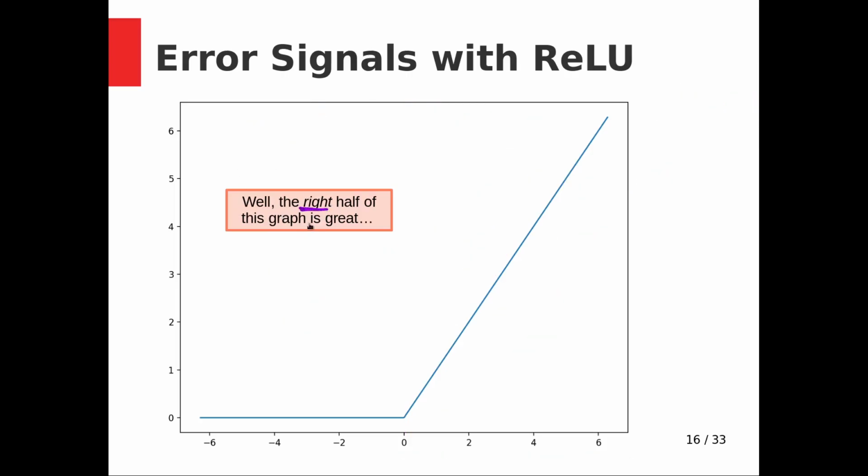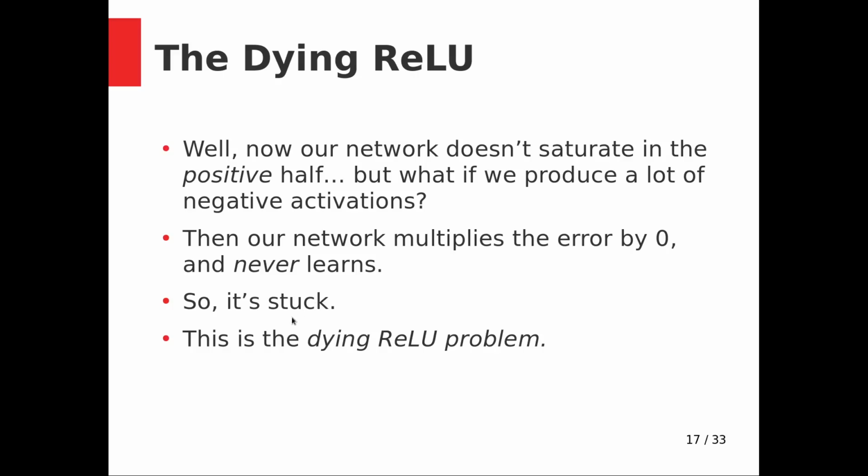So the right half is great. But what about the left half, the less than 0 half? Over here we have a problem, because for all of negative infinity, from 0 to negative infinity, our error signal is 0. So now our network doesn't saturate in the positive half, but what if we get a lot of negative activations? Well, that's kind of bad. Because again, we have to find (D minus f of y) times f prime of y.